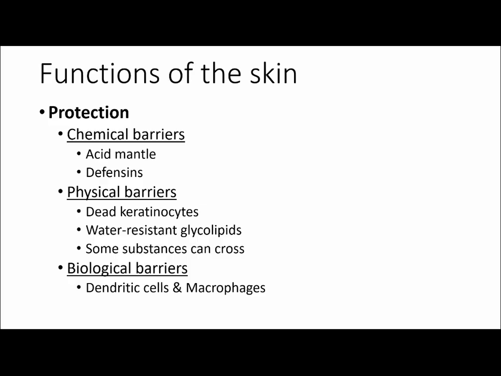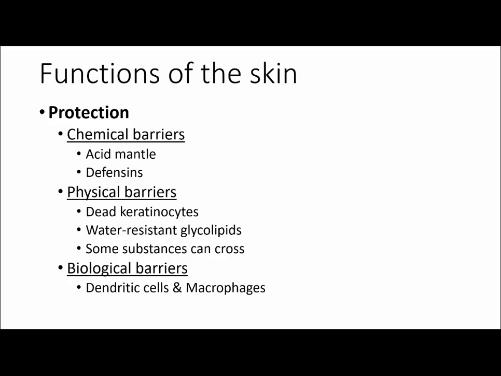So in regards to being a chemical barrier, you have the various skin secretions and that melanin. So the melanin, or that pigment that's produced from the melanocytes, acts as a barrier to the UV radiation from the sun. It also acts as an acid mantle, those secretions. So I mentioned the pH of the eccrine sweat is usually between 4 and 6.